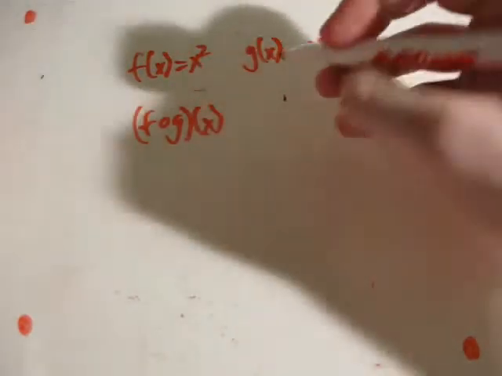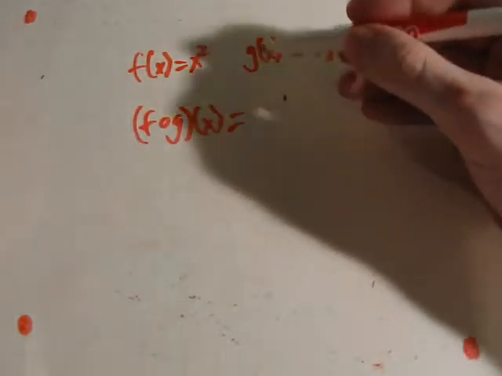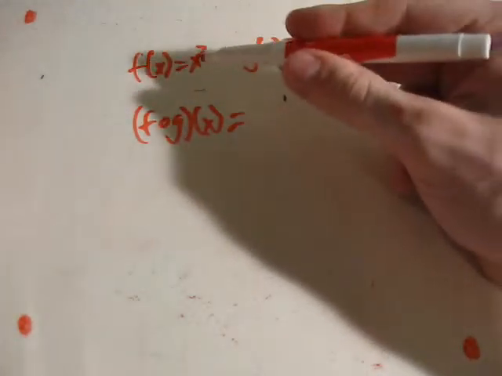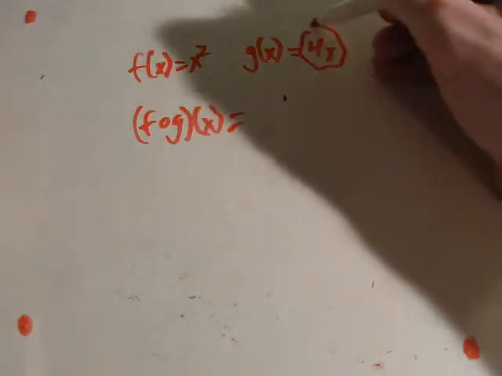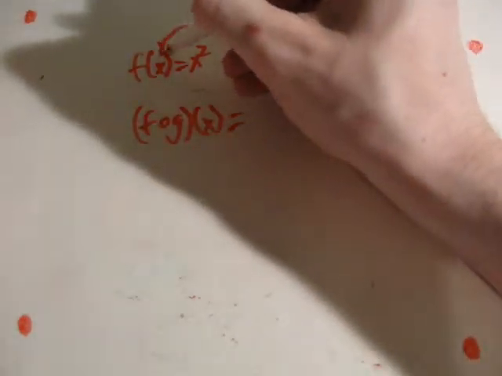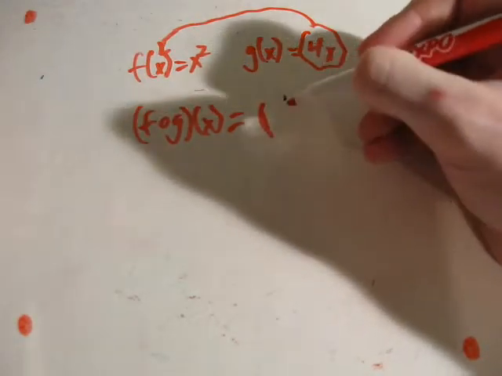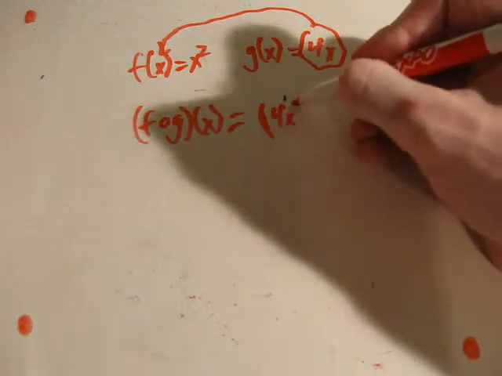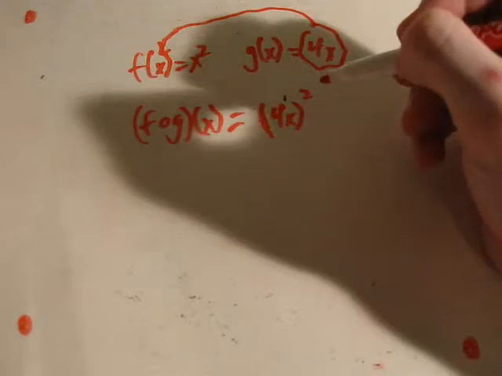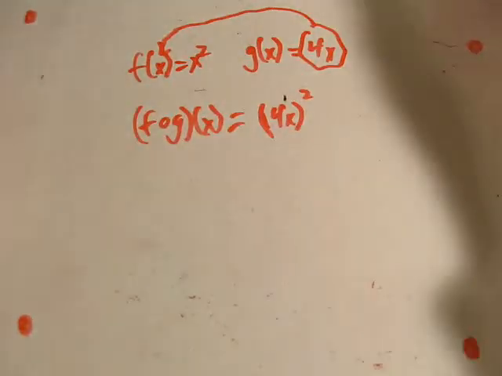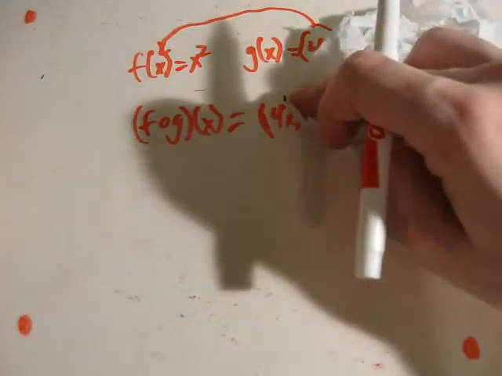G composition of f will put g of x into f of x as the x. So this part gets put in here. So this would become, instead of x squared, it'd be 4x squared, which would be 16x squared. Or, sorry. It'd be 4x squared, so 16x squared.